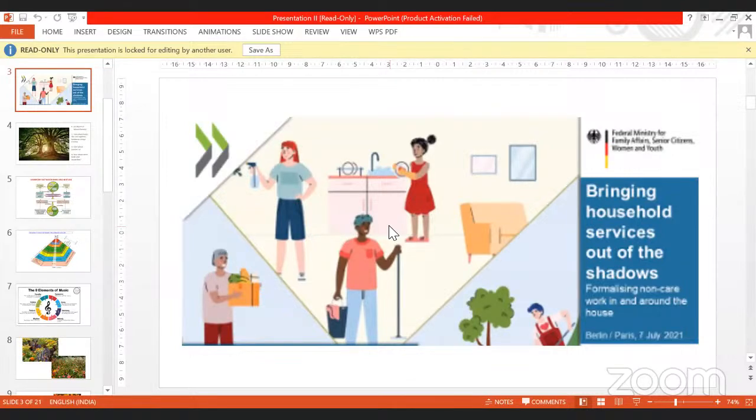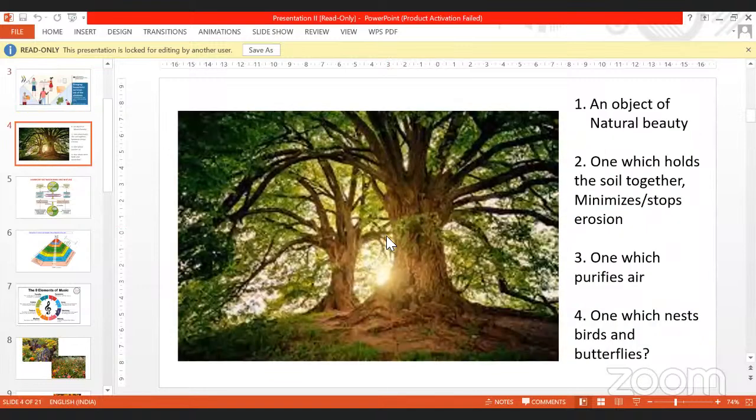Now, say I give you the picture of a tree. I cannot see the whole of this screen. If I give you a picture of a tree, how would you look at it? Would you look at it as an object of natural beauty? Or from the point of view that it minimizes soil erosion because the roots hold the soil together?